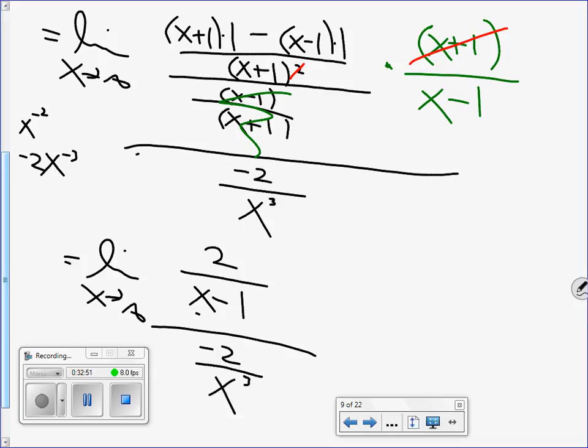Oh, I forgot my x plus 1, right? That was still here? This one is here. x plus 1 minus x plus 1. You distribute. Yep, I have to have this x plus 1 down here. One of them's still there. I forgot when I was, we still had an x plus 1 down here.